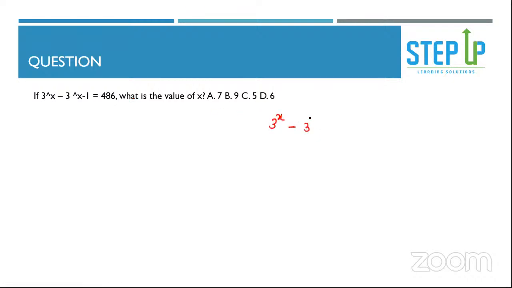Fine. So the question is like this. 3 to the power x minus 3 to the power x minus 1 is equal to 486.